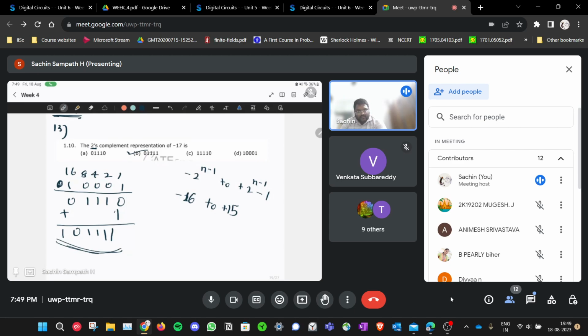So it's actually not 2's complement representation of minus 17. It's just the 2's complement operation done on the number 17. When you do 2's complement of 17, if there is no overflow, if you are within the range of numbers you can count, whatever you get is minus 17.